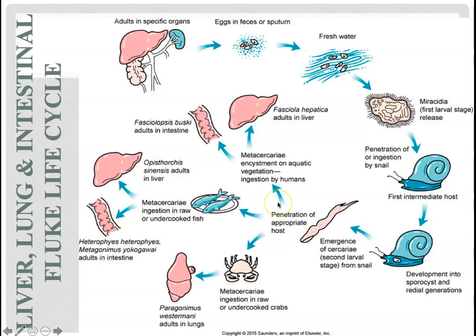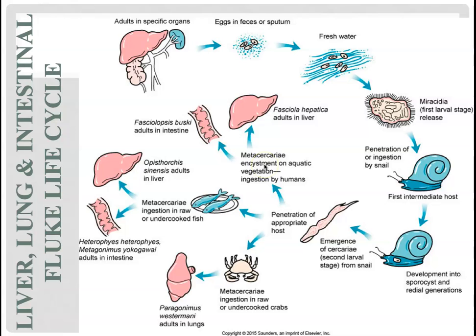But in any case, when the cercaria either attach to water vegetation or get eaten by fish or get eaten by crabs or crawfish, the next stage that comes from the cercaria is called the metacercaria. So these are like second intermediate hosts for the flukes, where it's got to attach or get eaten by something else, and the metacercaria develop next.